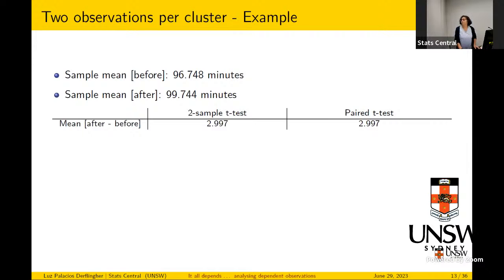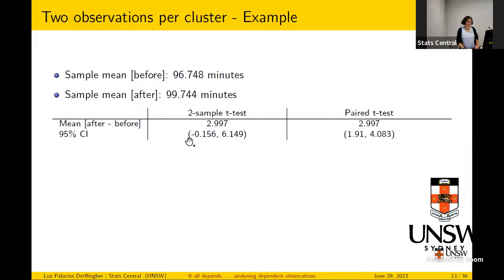So we calculate the mean after minus before, exactly the same, and they're exactly the same, right? And that's expected. It's the same if we calculate the difference and then the means, or the means and then the difference. Now, the 95% confidence intervals, they're different, right?